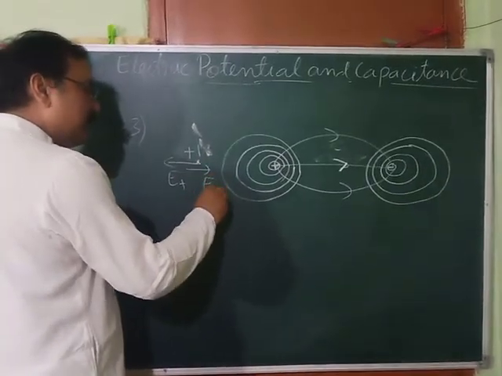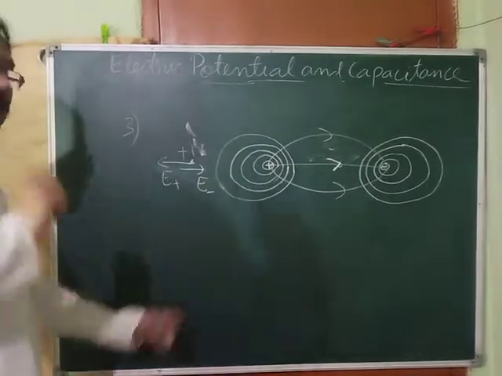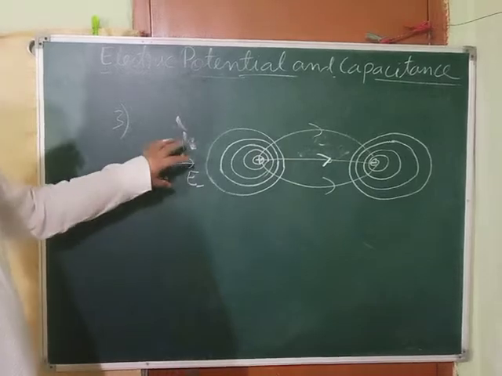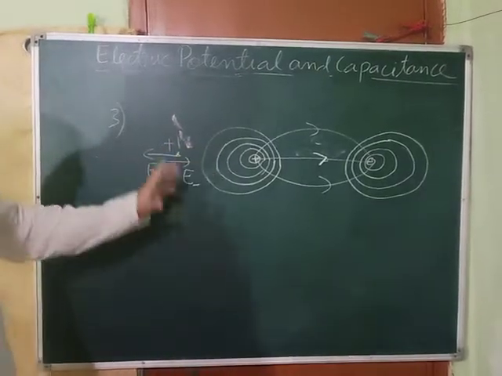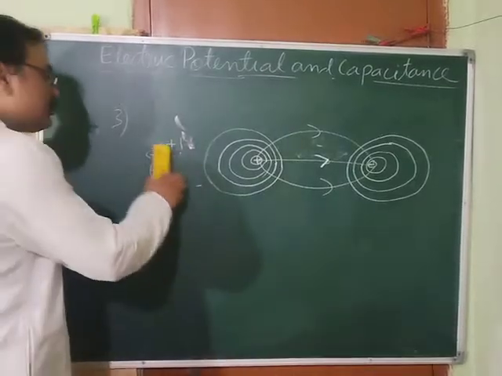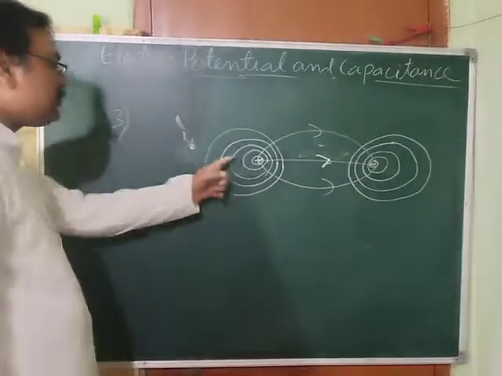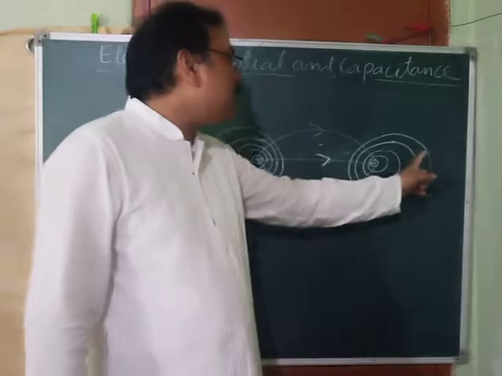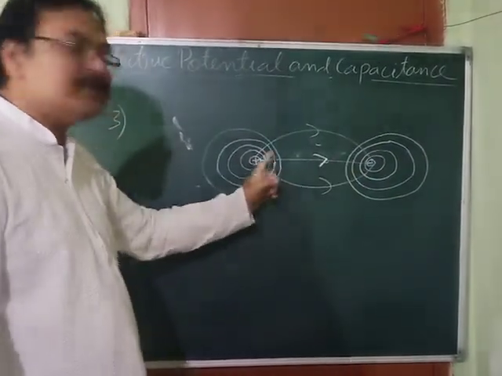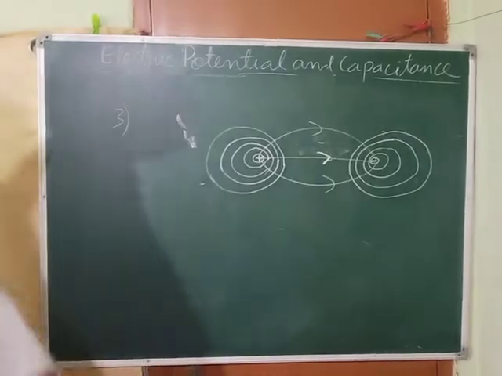So the electric field due to the negative charge will be in this direction. They are in opposite directions, so they will get subtracted, and that's why the electric field will be weak outside. The same is the case on this side also. As the electric field is weak outside, you are finding the spacing is more. Here the electric field is strong, that's why spacing is less, and that's why this pattern is there.